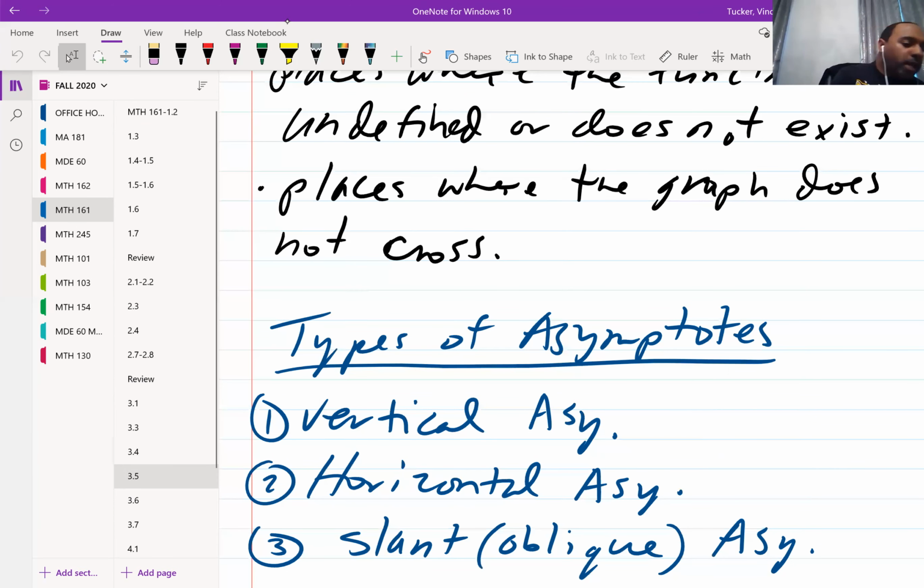All right, we have three types of asymptotes: vertical asymptotes, horizontal asymptotes, and slant or oblique asymptotes. Slant and oblique asymptotes are the same thing.